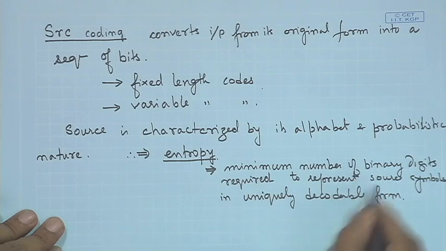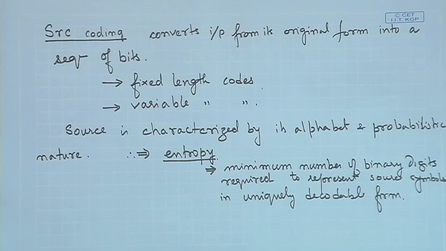We will see each one of these terms quite soon, what is meant by unique decodability, what is meant by the entropy, what is meant by the minimum, and so on. We will see all these details in the upcoming lectures.